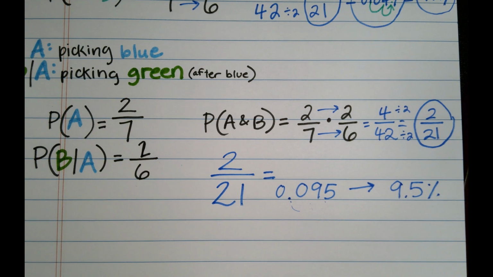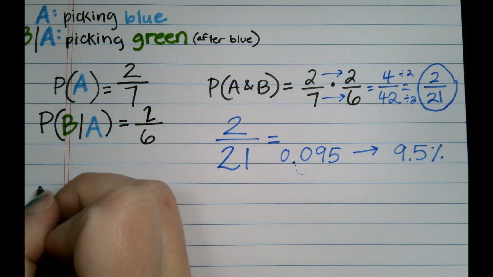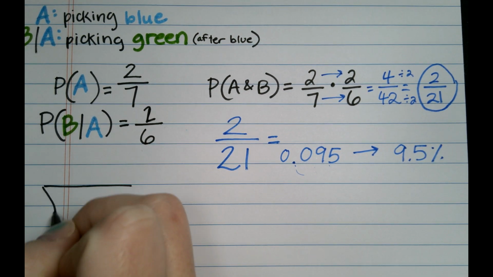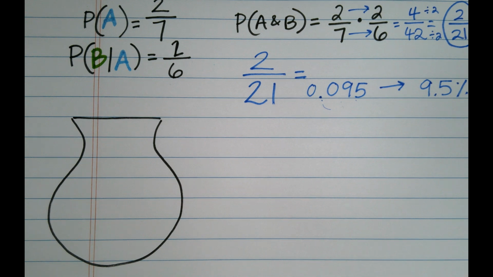I want you to try this one on your own. I'm going to draw a picture for this one. Completely on your own. Let's say I have a bag full of marbles.